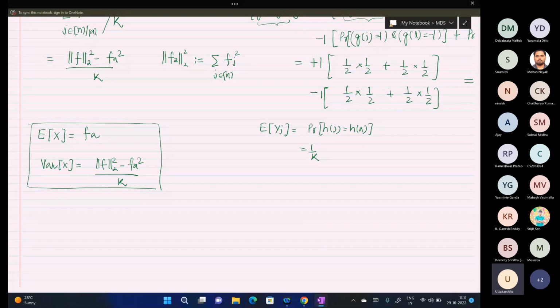So now we want to ask which concentration inequality we can apply when we know the expected value and variance.